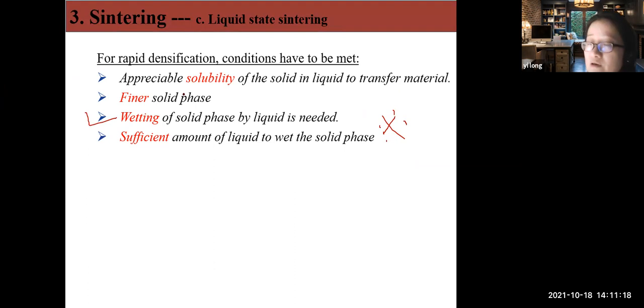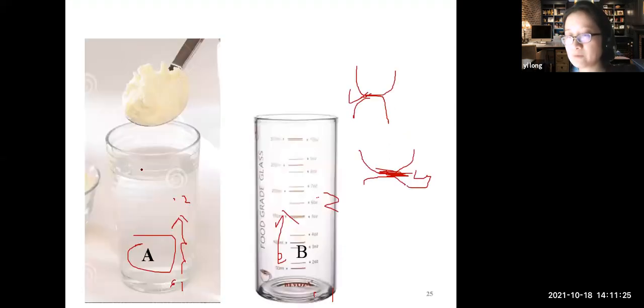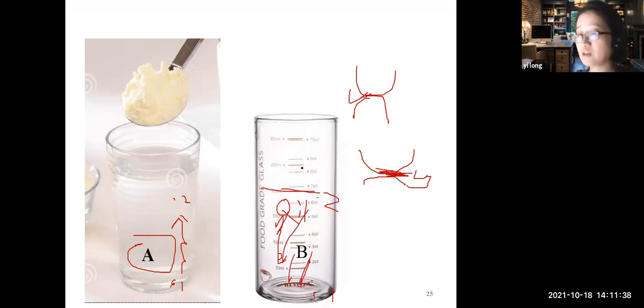Because what is sintering? In the end, you still need to make sure your atoms can move, right? For example, if we go back to this one, if I change B now and pour some oil inside, it's not water. We know that milk powder does not really dissolve in oil, right?